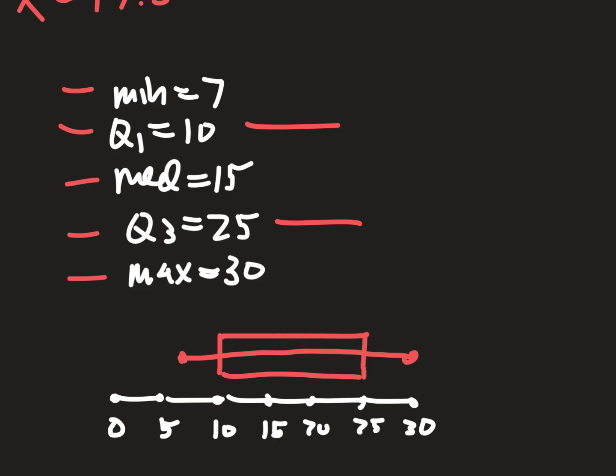See what I did there? I went from the min to the max with one solid line. And I did my box, which was from Q1 to Q3. The last thing you do is put in the median, which is 15. Boop, right there. That make sense to you?